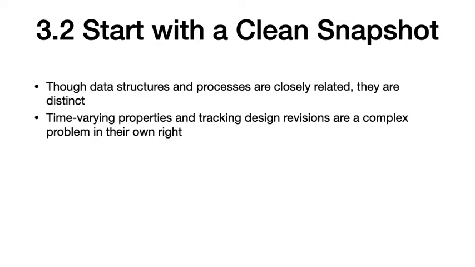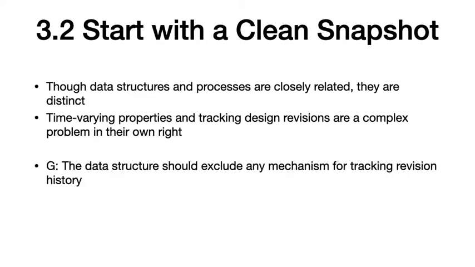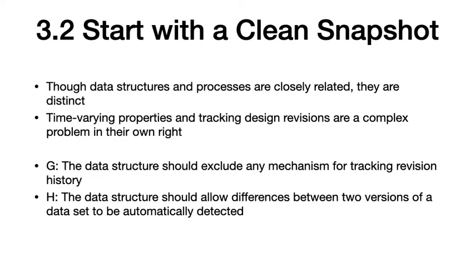my personal view right now is that the data standard, the data structure, should exclude any and all mechanisms for tracking revision history. Just don't. It's a big problem. There are solutions. What the standard should do is allow the differences between two versions of a data set to be automatically detected.